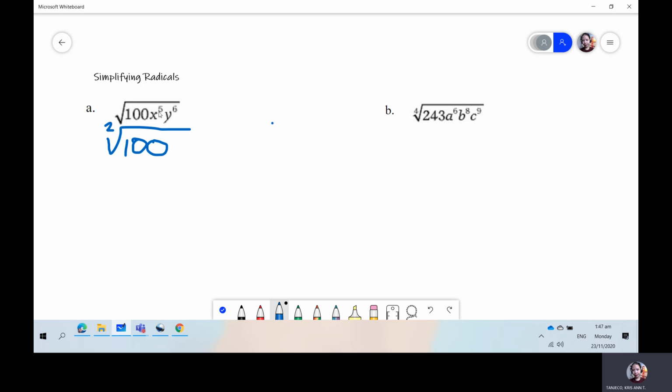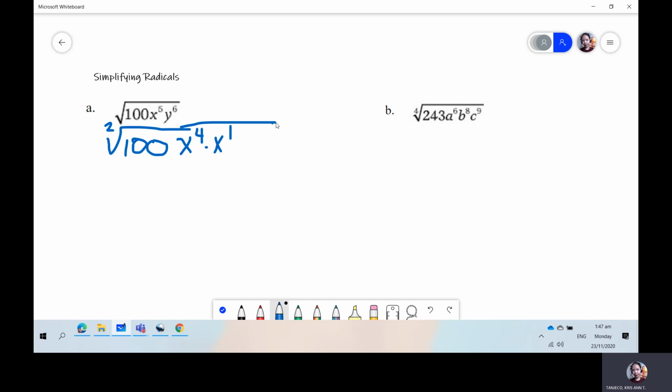We're going to check if the exponent here is divisible by 2. 5 is not divisible by 2, so we are going to split 5 in such a way that one term is divisible by 2. So we can just split x raised to the 5 as x raised to the 4 multiplied by x raised to the 1.